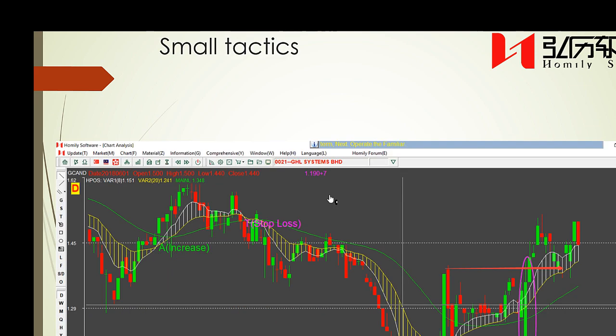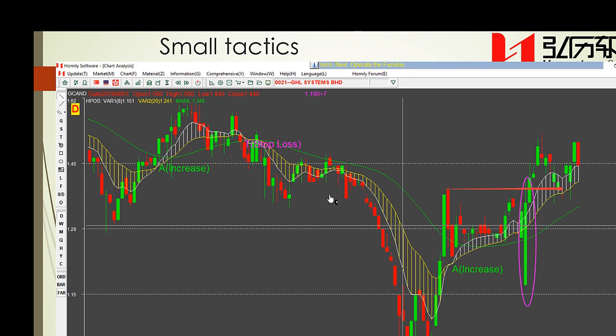And then this one also, but this one is opposite. We can see he is also the green line. The green line is rising, and the price stands above the green line.